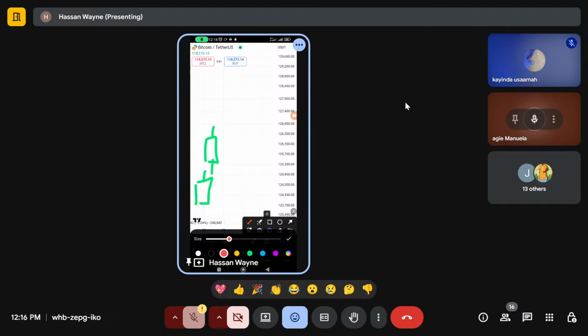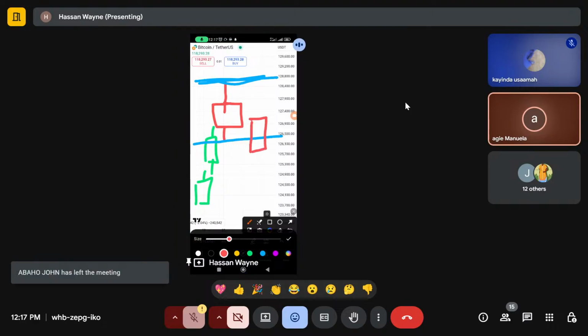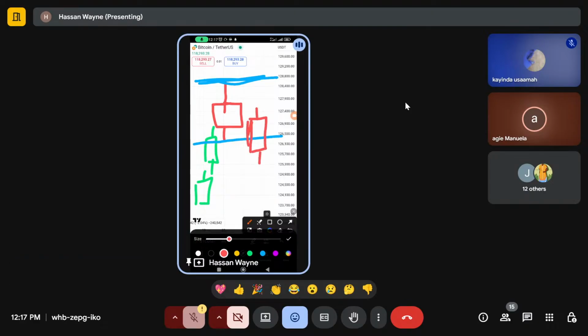If we get a bearish shooting star like this, I will draw my support here and my resistance here at the end of the week. If I form a red or bearish candle and it breaks my support here, it is a confirmation we are going down.